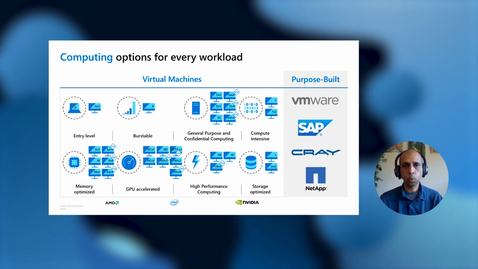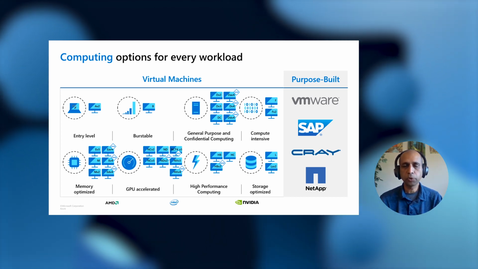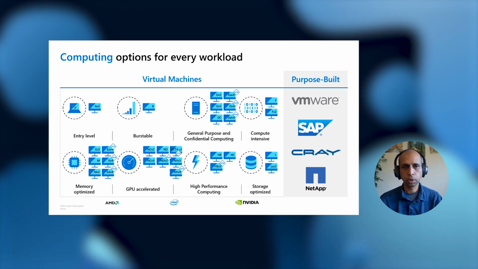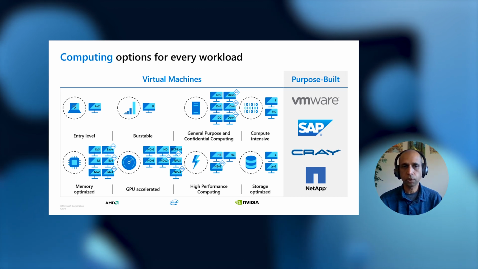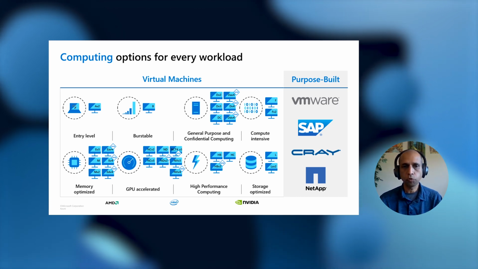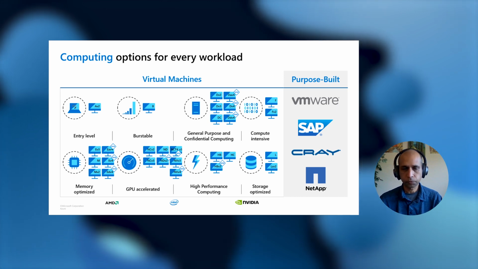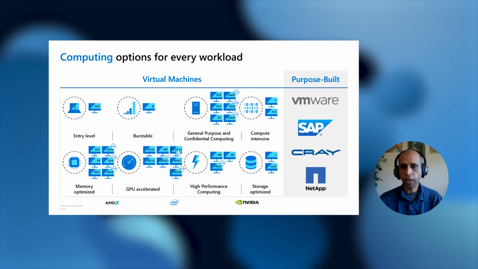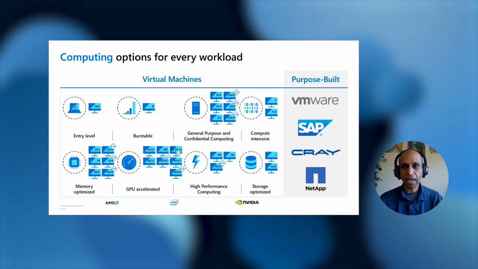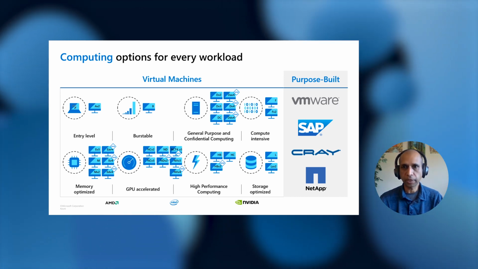As you can see here, we have a wide variety of computing options for every workload, starting from entry level to the most demanding high-performance computing applications. Along the way, we have virtual machines that are targeted for compute-intensive workloads and those that are targeted for memory-intensive workloads. For the memory-optimized virtual machines, we have a family called M-Series that's ideal for your large memory applications.